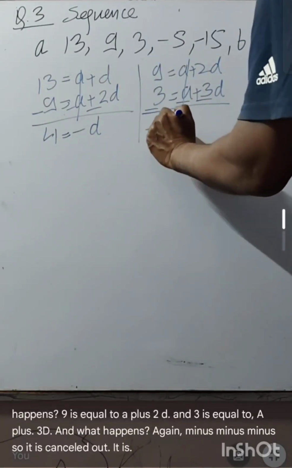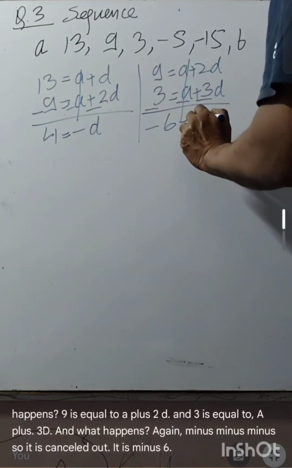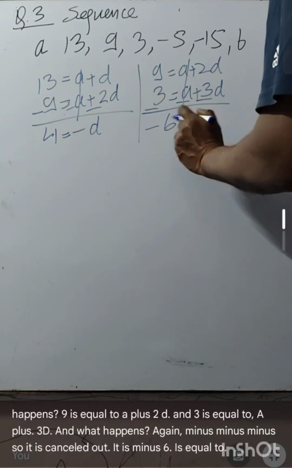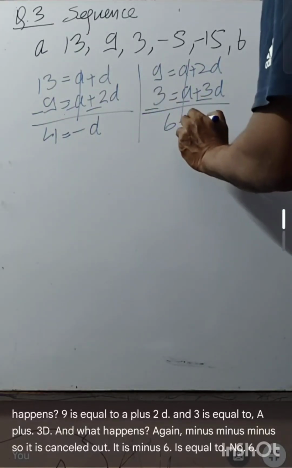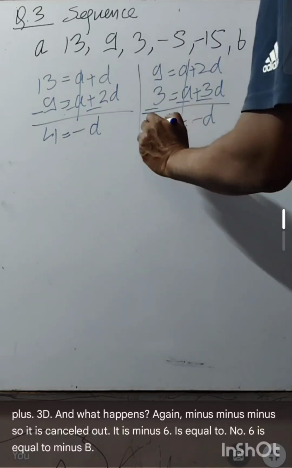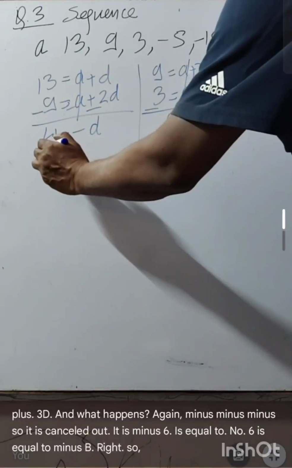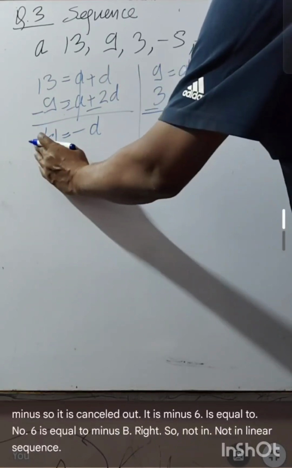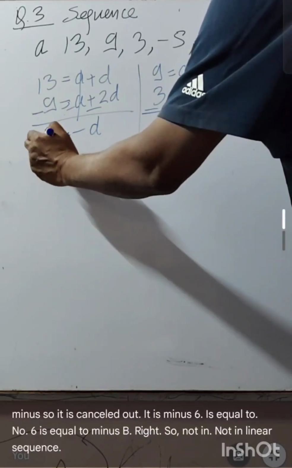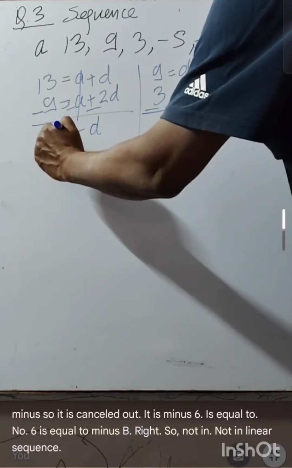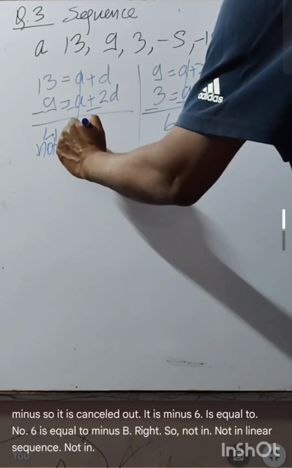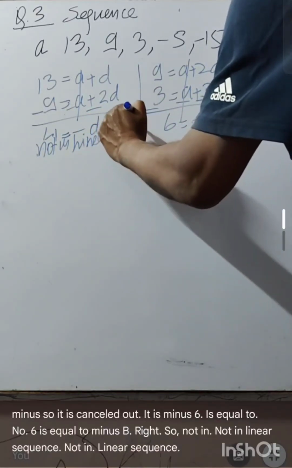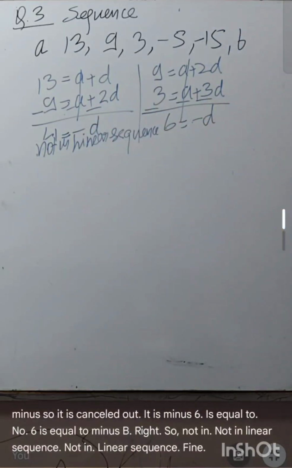It is 6 is equal to minus D. Right. So it is not a linear sequence. Not a linear sequence. Fine.